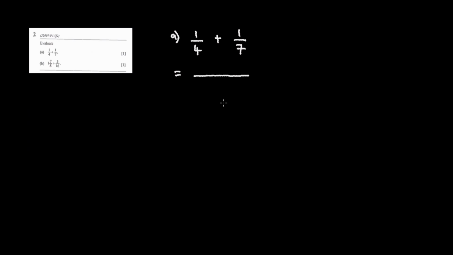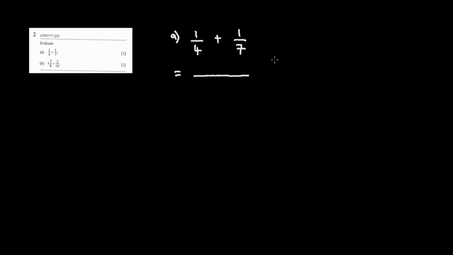And our common denominator is simply a number where 4 and 7 are factors of that particular number. Or if we want to be more technical, a common denominator is the lowest common multiple of 4 and 7. The easiest way to find a common denominator is simply to multiply 4 and 7, which are the denominators.